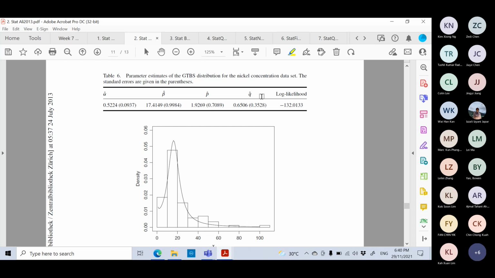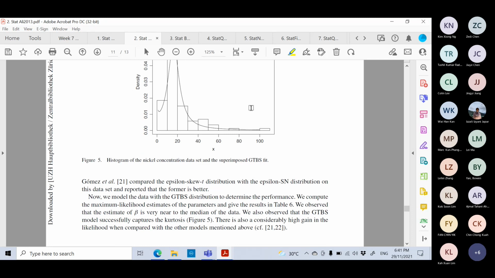Of course, there are many distributions with four parameters, for example the GB2 distribution. So there are still other distributions, but in this paper they justified the GTBS. Of course, they have their selling point for why they propose it. So this is an empirical example under the second paper.